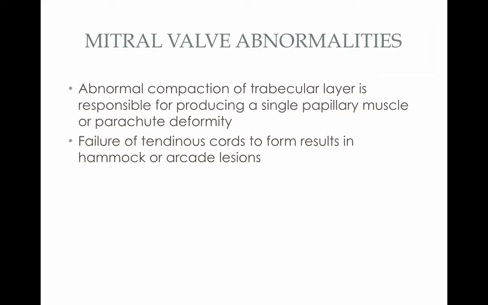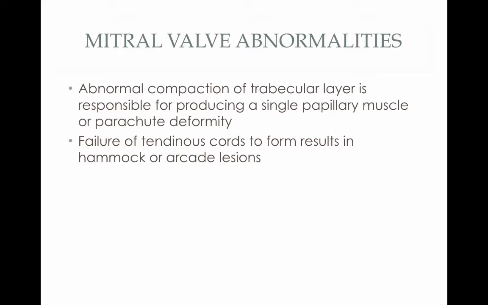Under normal circumstances, we have two papillary muscles, the posteromedial and anterolateral papillary muscles. If they don't form correctly, we have a single one that would cause problems for the mitral valve, usually problems with either opening and closing of that mitral valve, causing regurgitation or stenosis.